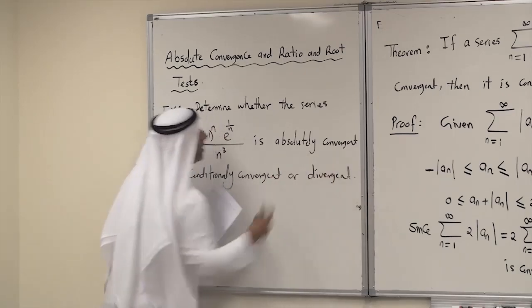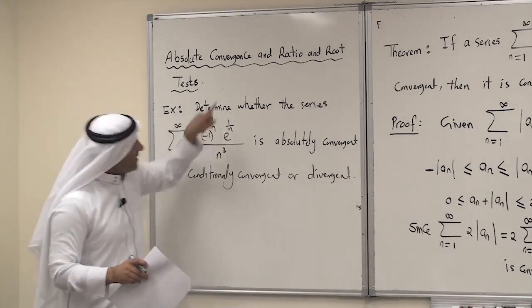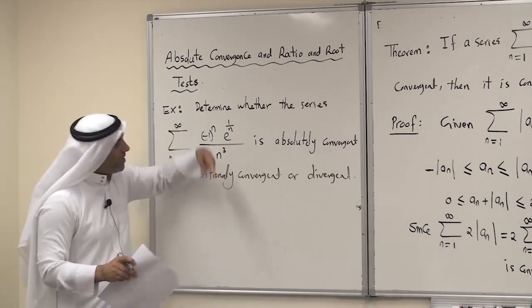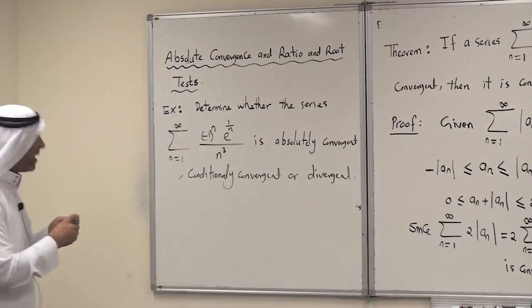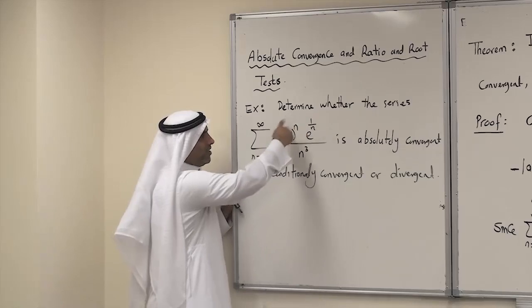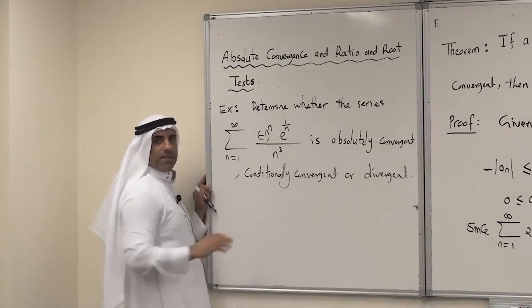If it is absolutely convergent, for sure it is convergent. If it is not absolutely convergent, it may be conditionally convergent. If not, then it is divergent. So what should we do to solve the exercise here? Again and again, don't forget that we cannot apply the integral test or the comparison test or the limit comparison test.